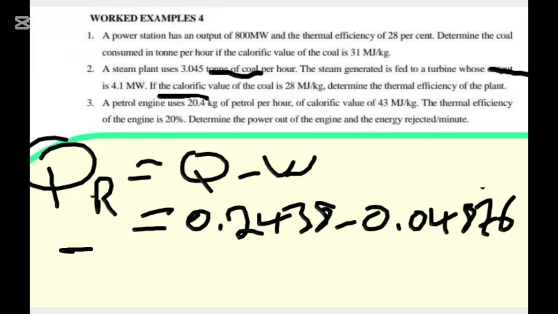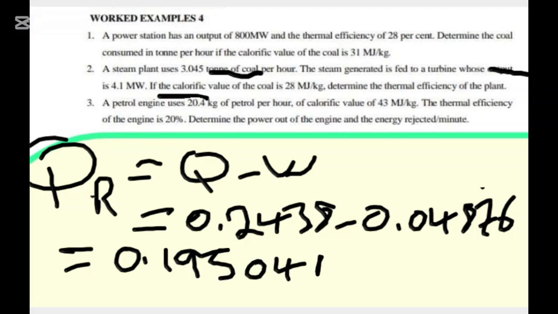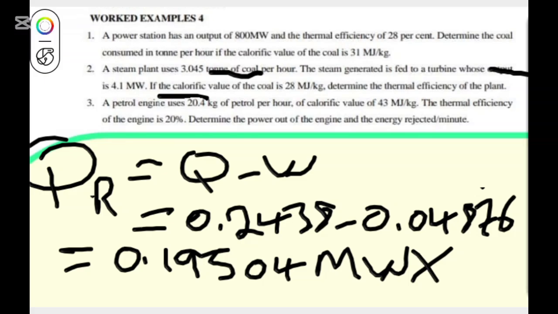0.04876. So this should now be equal to 0.19504 megawatts. So the energy rejected per minute is the same thing as multiplying this by 60.